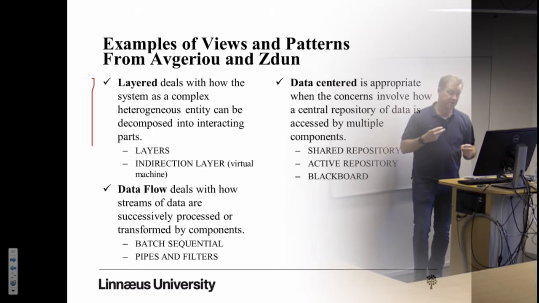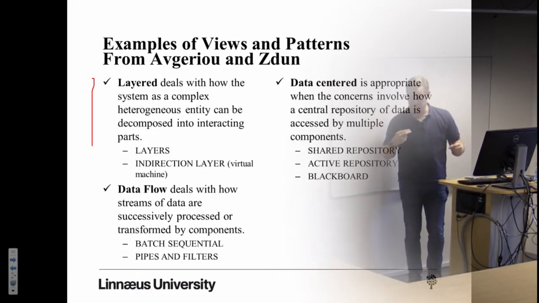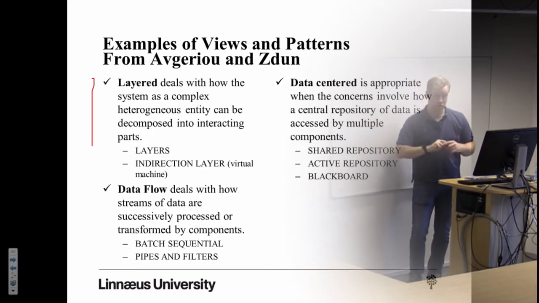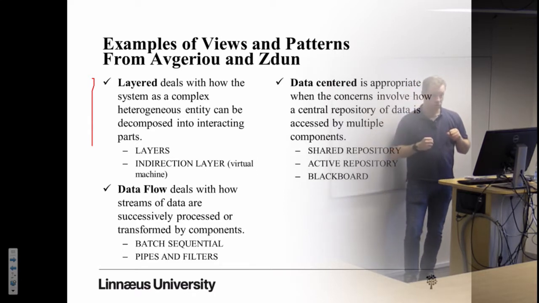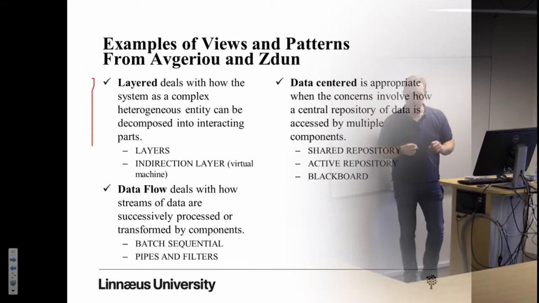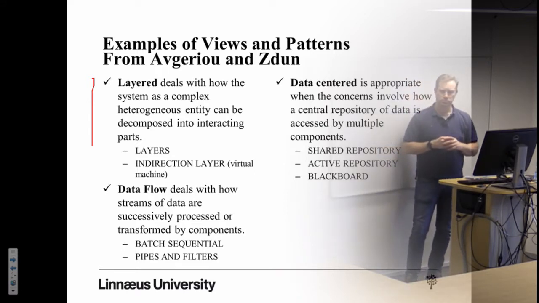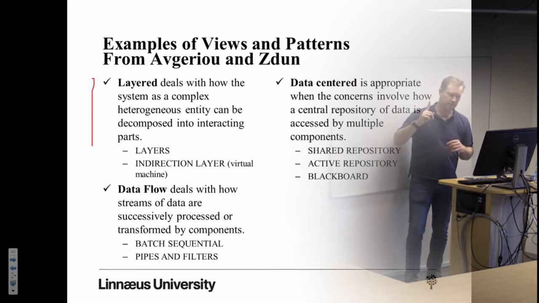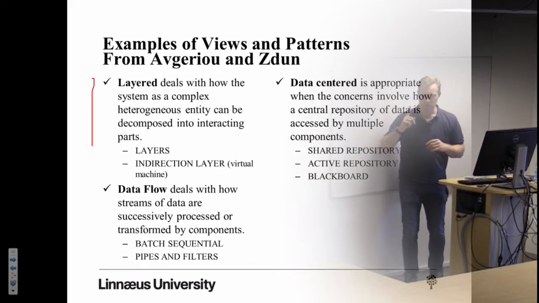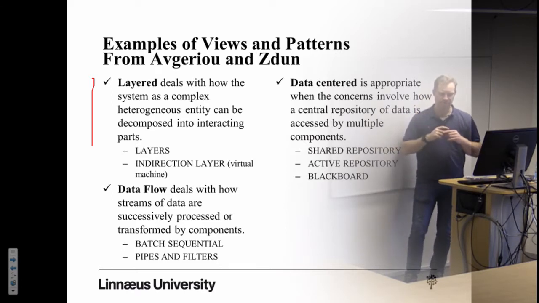Well, in principle, on this slide there are two examples. You can deal with them in batches, or you can use this pipe and filter architecture. Two options. You're now the architect. You have a look at the batch sequential, and you have a look at the pipes and filters.